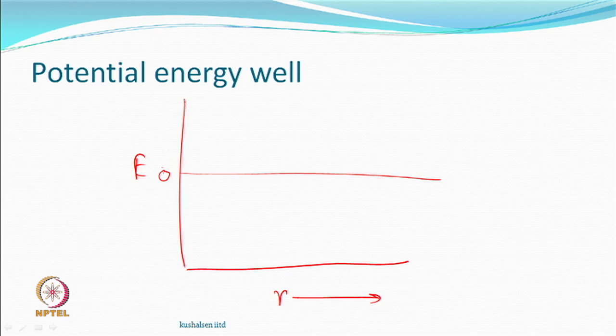I hope you can recall this kind of curve. And this, let us say, is interatomic distance, the distance between two atoms. And what this curve is showing is that if the distance is large, then the energy levels are close to 0.